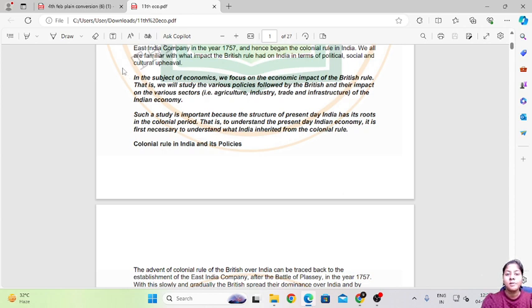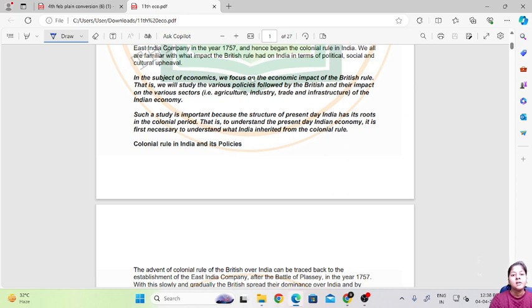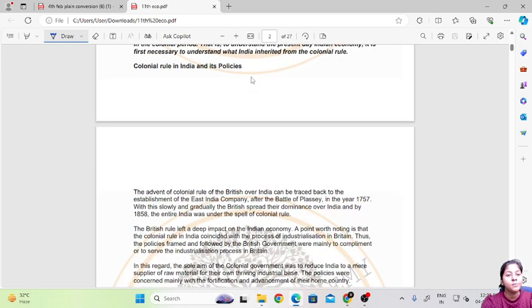We'll be studying various policies followed by the British and their impact on the various sectors, that is agriculture, industry, trade and infrastructure. Then we'll move to colonial rule in India and its policies.